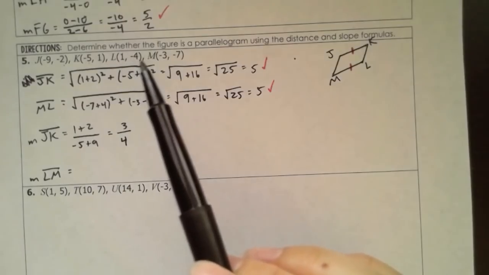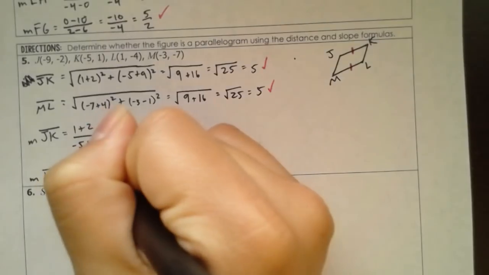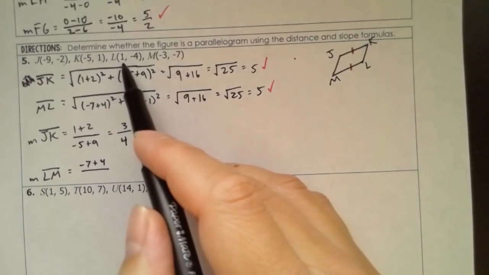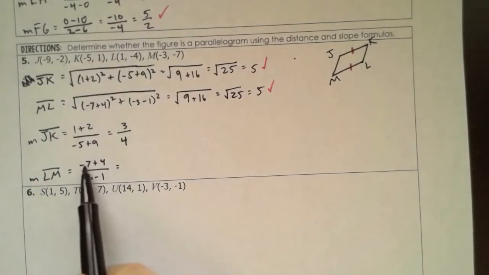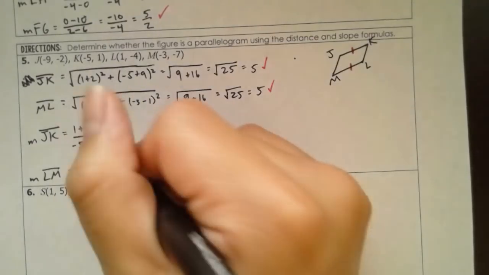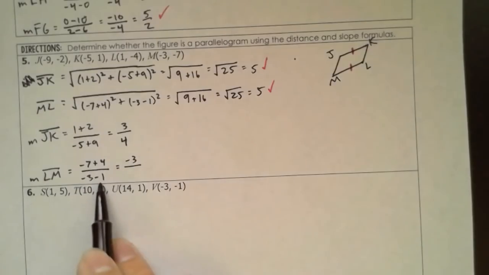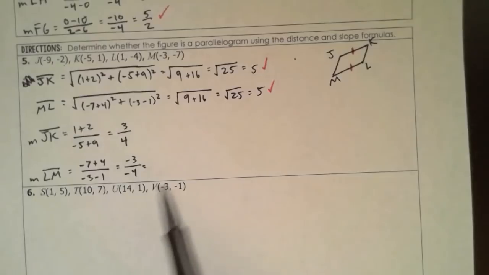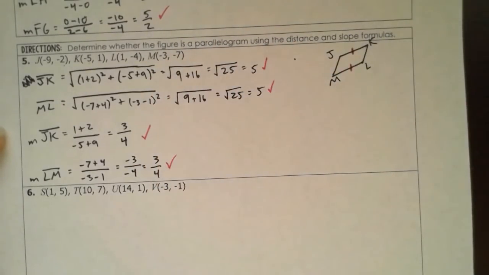There's LM, -7 minus -4, so it becomes -7 plus 4, -3 minus 1. So -7 plus 4 is -3. -3 minus 1, you owe 3, you owe 1 more, you owe a total of 4. You have a negative over a negative, so it becomes positive. And yeah, these do have the same slope.